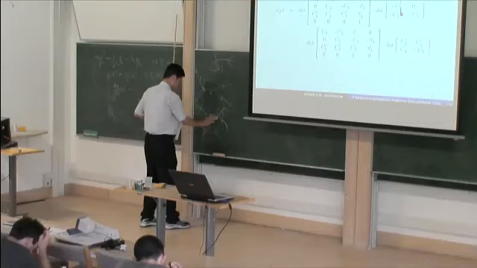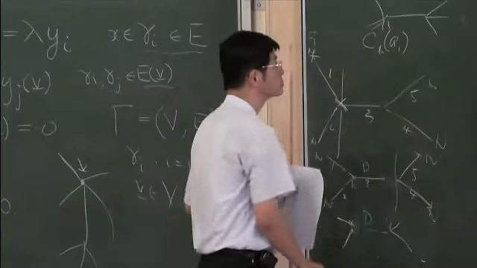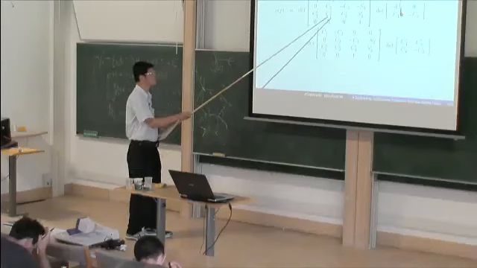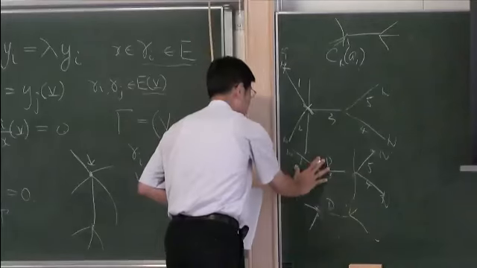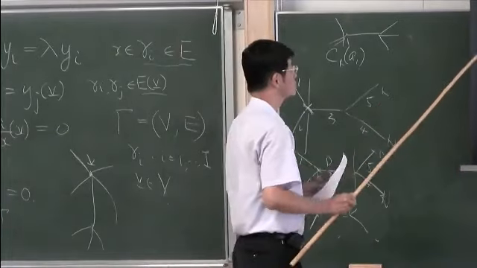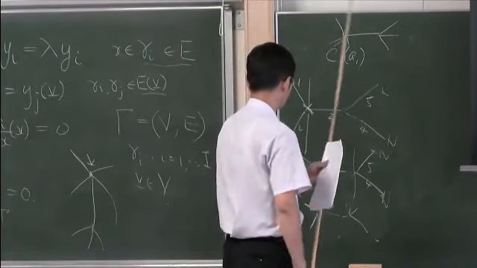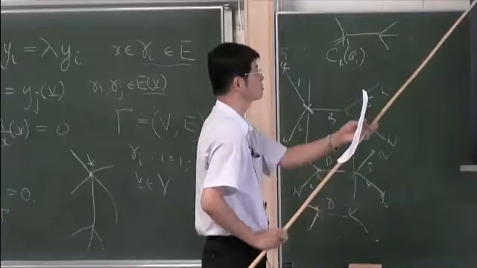So we break it up here. This is the characteristic function for Neumann-Kirchhoff for this smaller graph, which is a star graph.